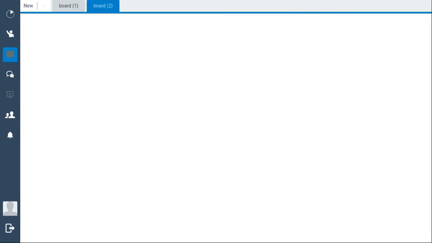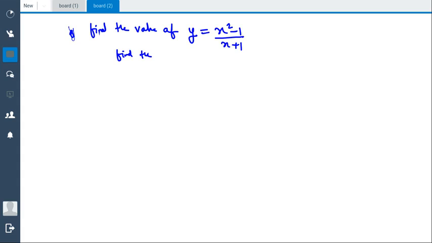Now the next thing is the limit. Suppose someone says find the value of y, where y is given as x square minus 1 upon x plus 1, and it says find the limiting value of y at x is equal to 1.